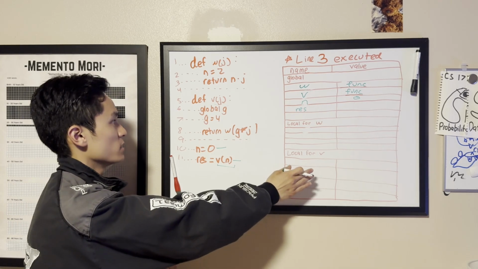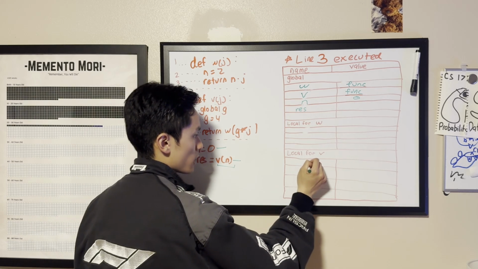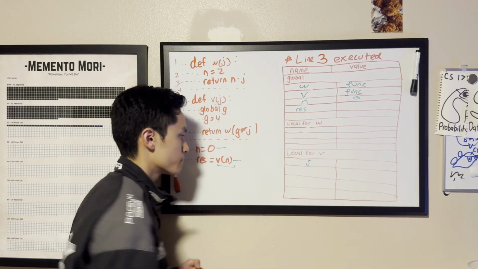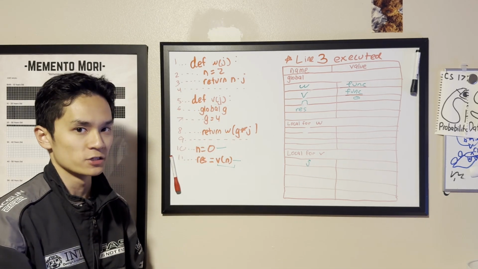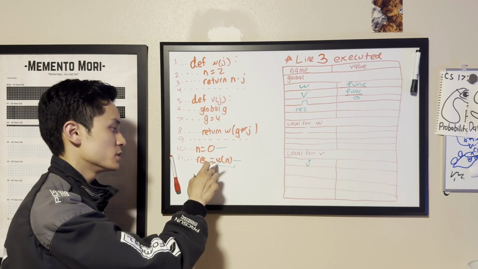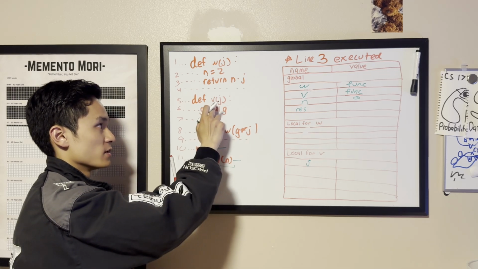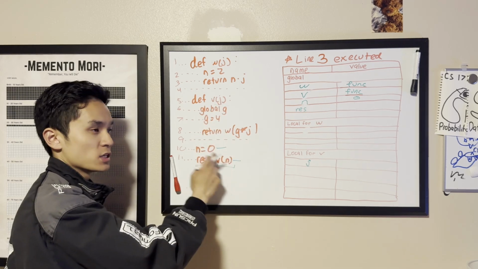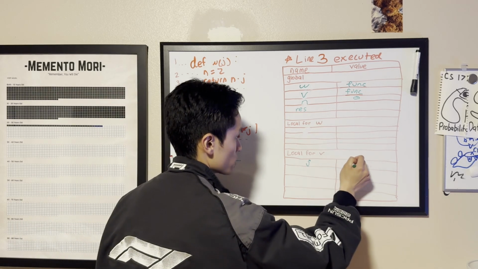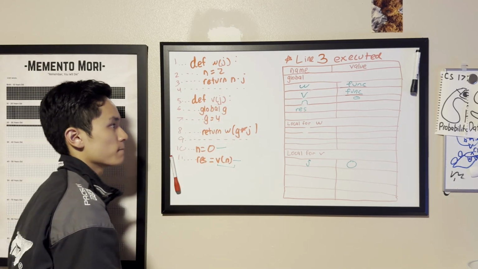So we're now looking at v, and as you can see, we do have something in j. Let's write down j right here. But what is the value of j? We defined n is equal to 0, and then we did v of n. Because n is 0, the value of j is 0, because that's what we passed in as an argument.